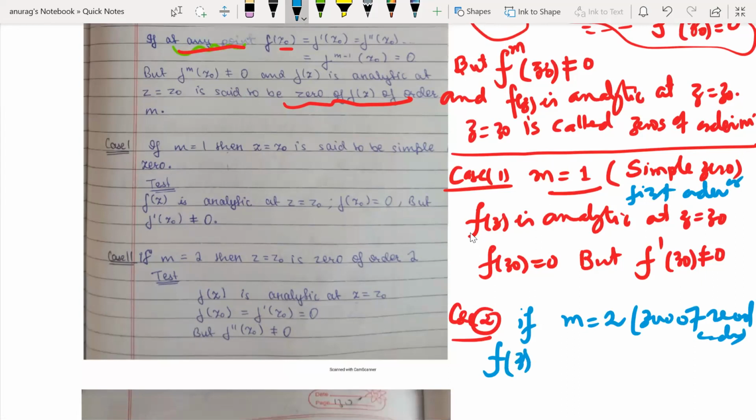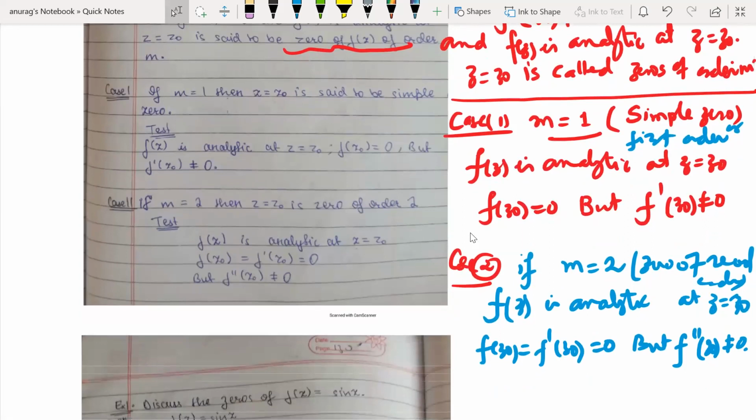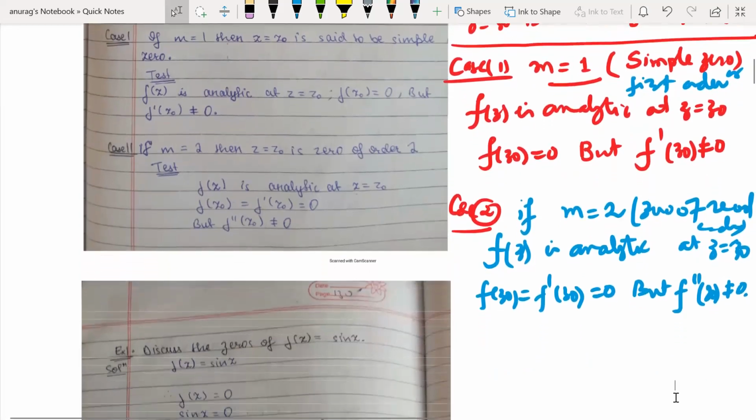Then f(z) is analytic at z equal to z naught. Can you tell me what will be the next line? Yes, f(z naught) and f dash z naught are both 0, but the second derivative of f(z) at z naught is not equal to 0. So this is the definition for second order zeros.